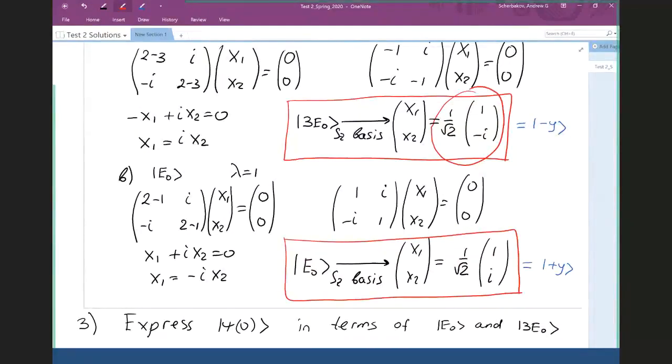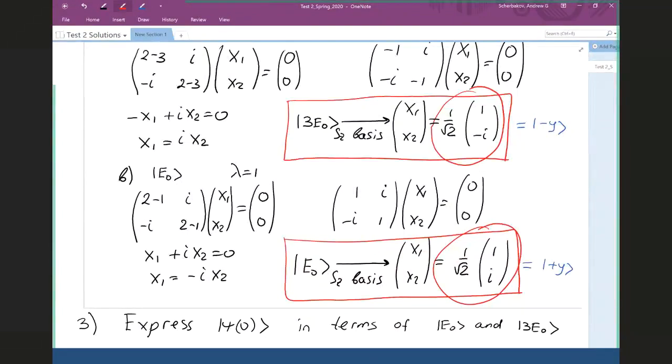That is the eigenstate of the Sy operator corresponding to the state in which the y component of the spin is negative h bar over 2. Same thing with E naught. This is the other eigenstate of the Hamiltonian, but it happened to coincide with the plus y ket, the one which we learned at the very beginning of this course.